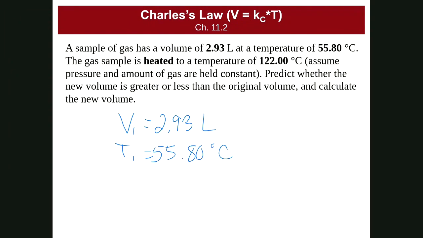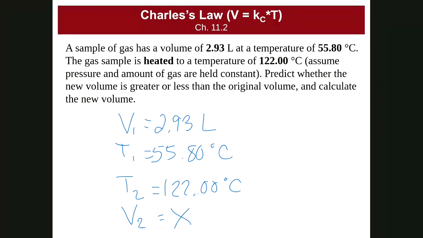Our gas sample is heated to a temperature of 122 degrees Celsius. So that's going to be our T2. And now we want to predict whether the new volume is greater or less than the original volume and calculate the new volume. So volume 2 is our X.